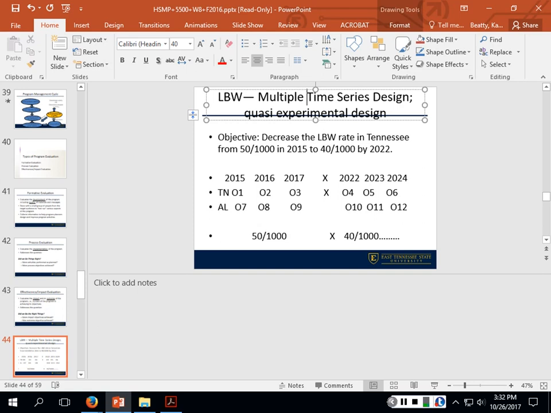Because the cost to your intervention of collecting 12 data points in this case and high quality data will be very prohibitive. Okay? So the time series design and the multiple time series really work best, again, if you're able to utilize existing secondary data like low birth weight or mortality data that are regularly collected by other entities.